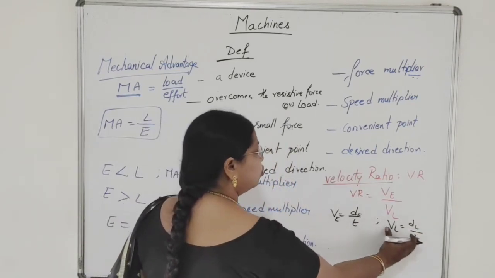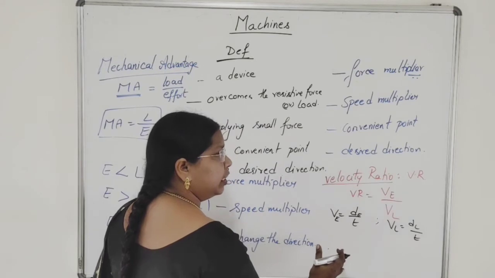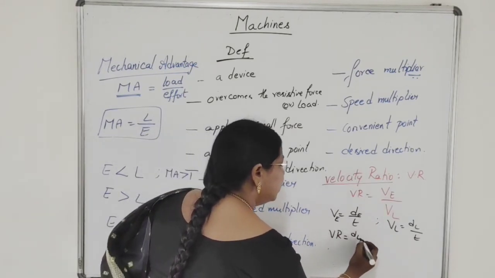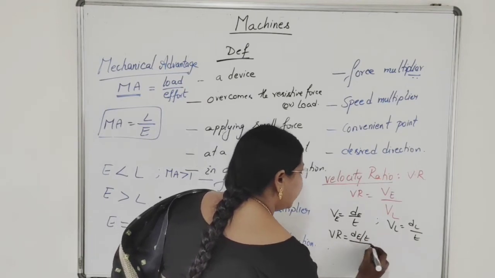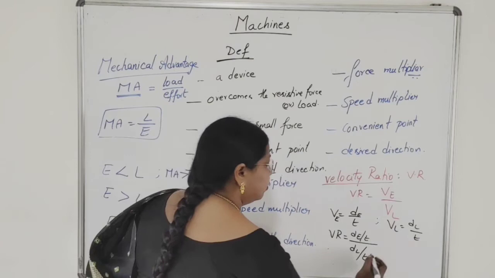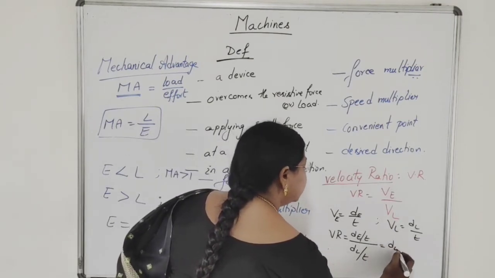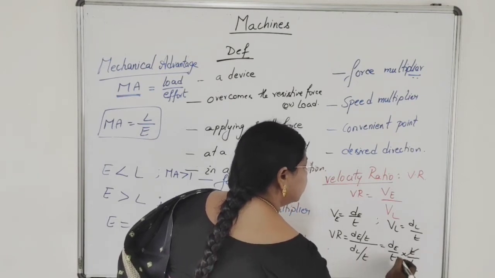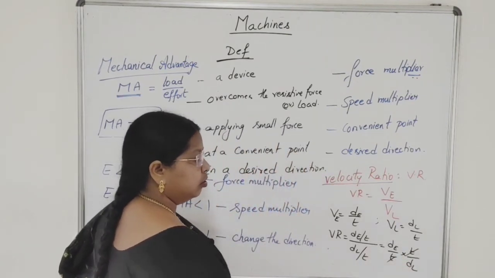Let us substitute these two values in your equation of velocity ratio. Then velocity ratio is equal to displacement of effort by time divided by displacement of load by time. So nothing but reciprocal of this, dE by t into t by dL. So these two will be cancelled. So what you got?